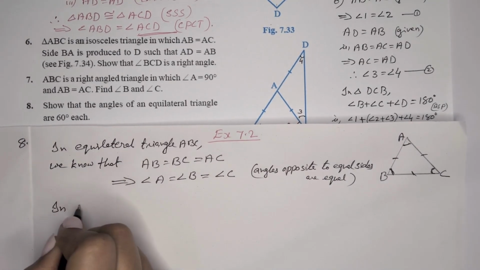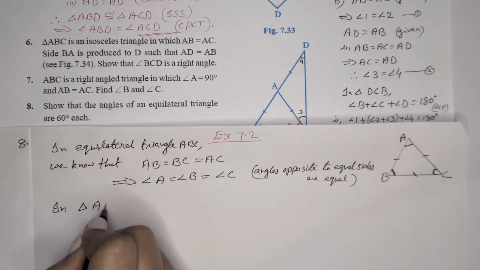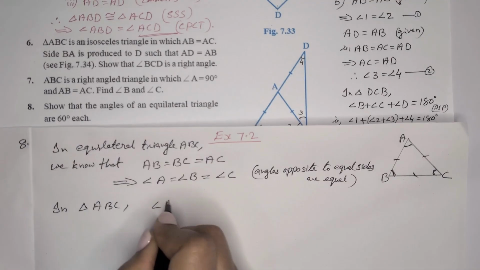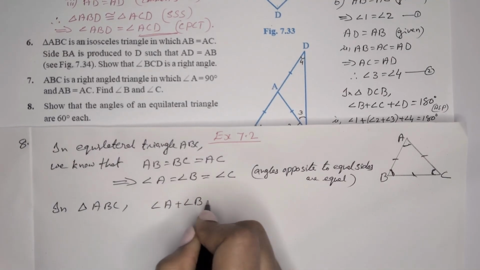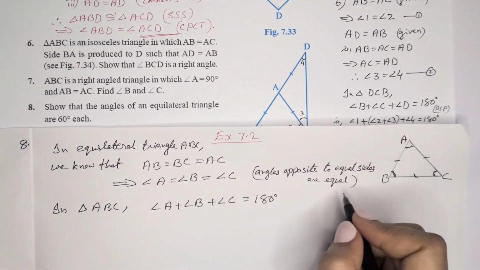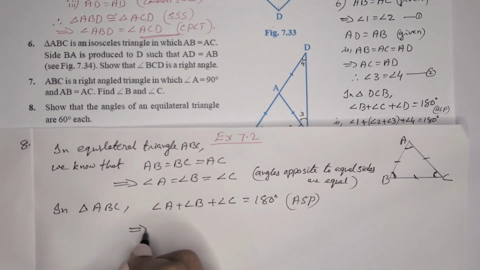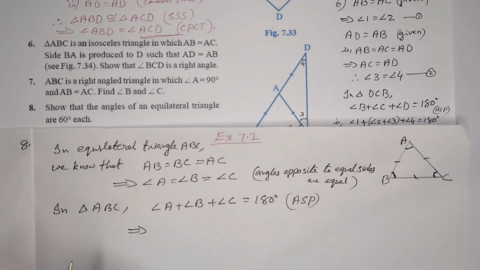Then in triangle ABC, angle A plus angle B plus angle C is equal to 180 degrees. That means angle sum property, which implies here all these three angles are equal.